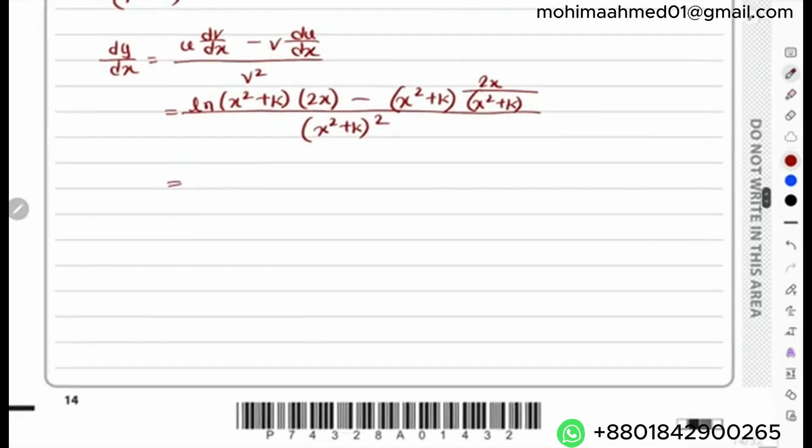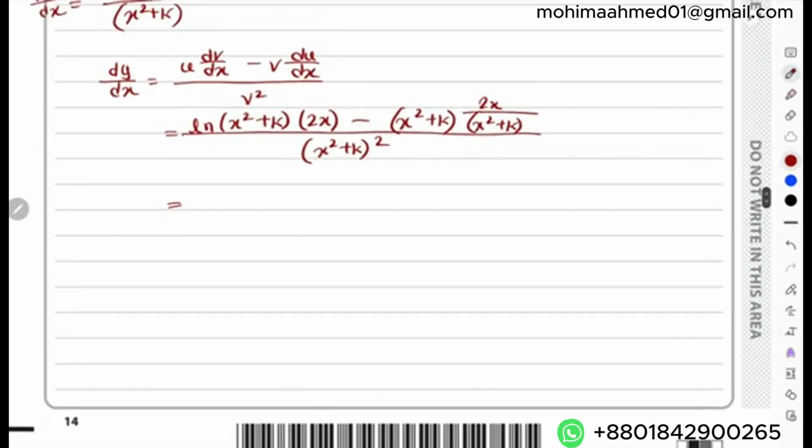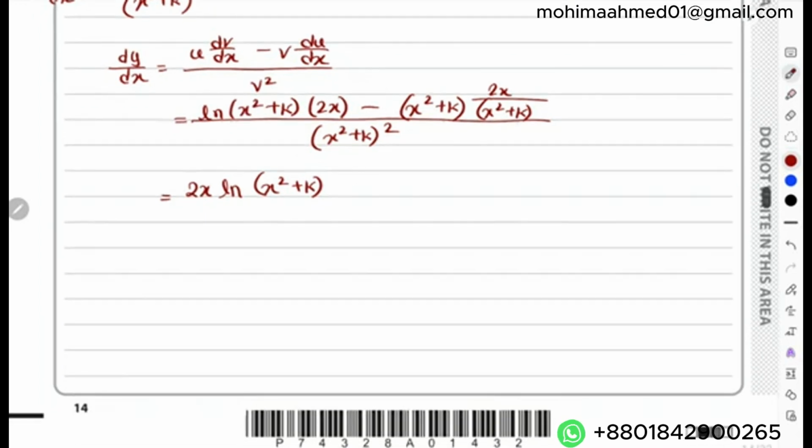Okay, so you have to simplify this again. So you have 2x ln of x squared plus k, and then on the other side, since x squared plus k gets cancelled out, you just have 2x over here, right?